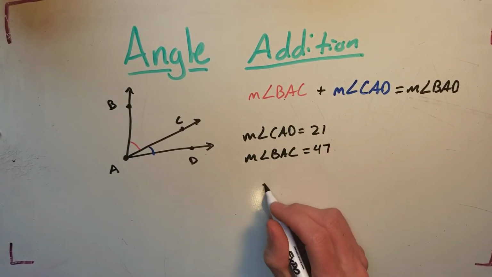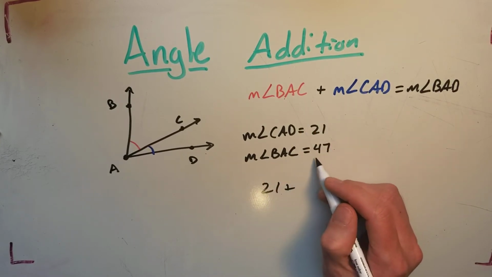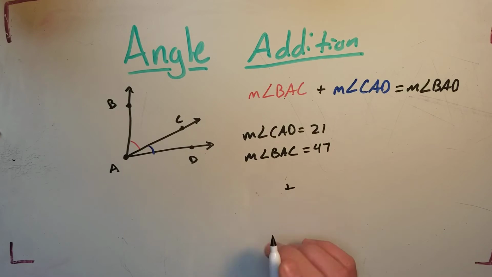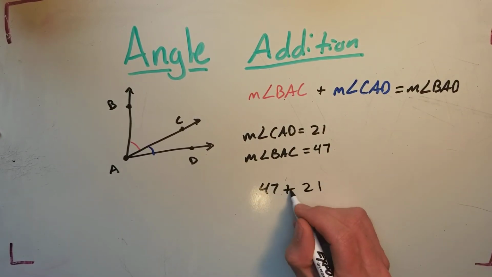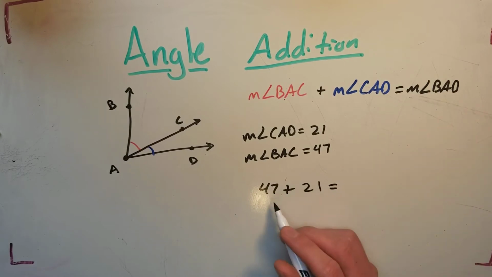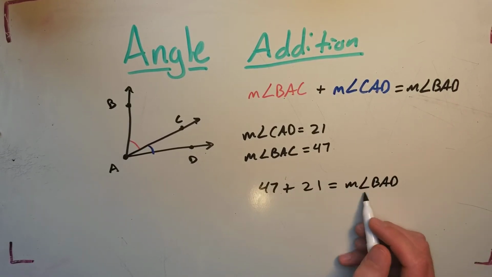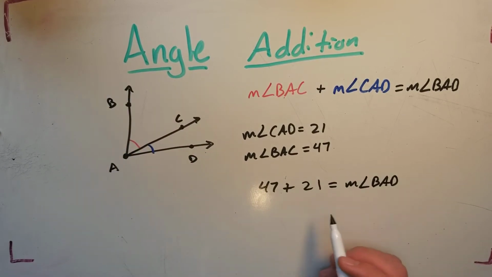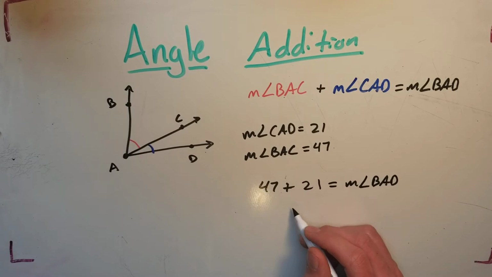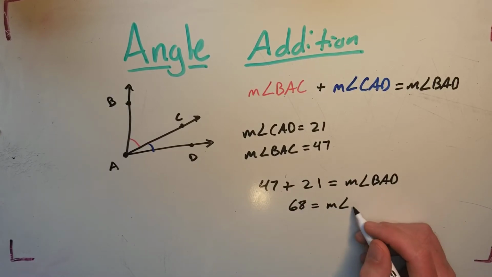BAC is 47 plus CAD is 21, and that's going to equal your total angle. That would equal the measure of angle BAD. And that's all this notation is, the measure of, in this case, the entire angle we have here. And we should end up with 68 as our measure for angle BAD.